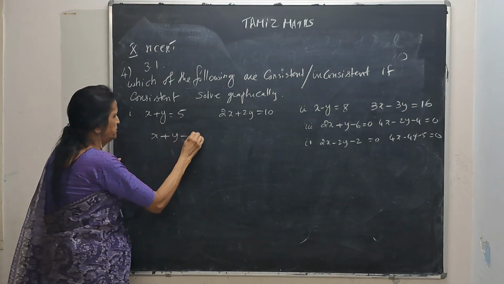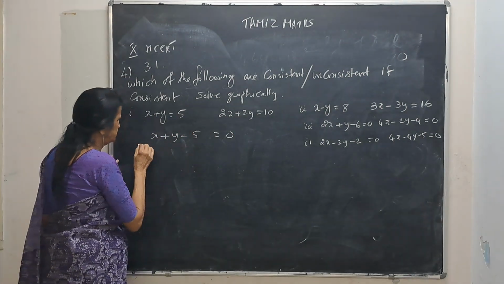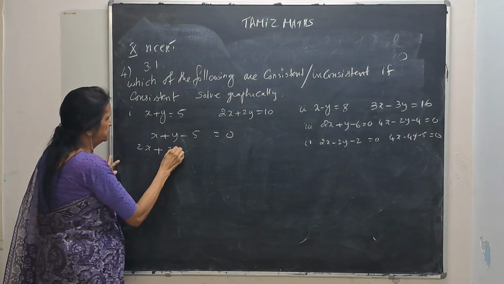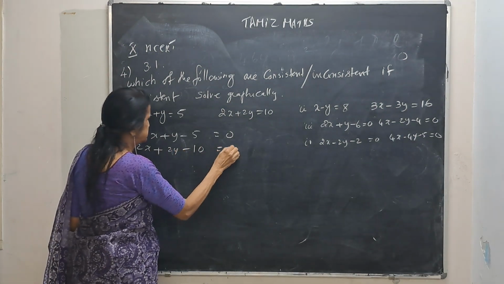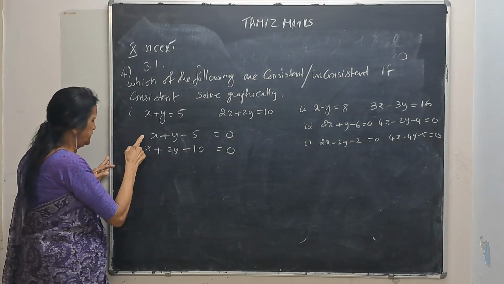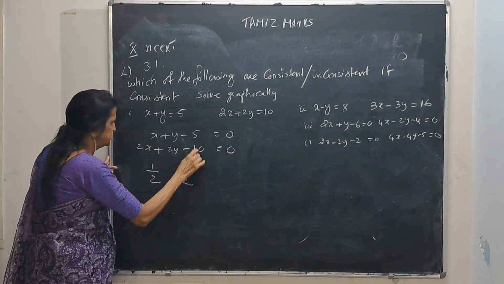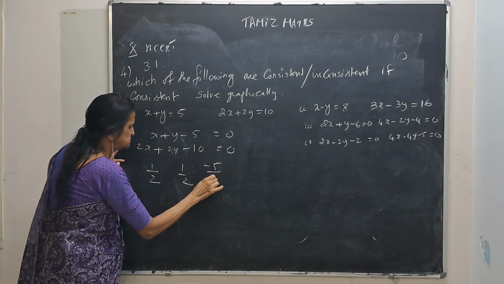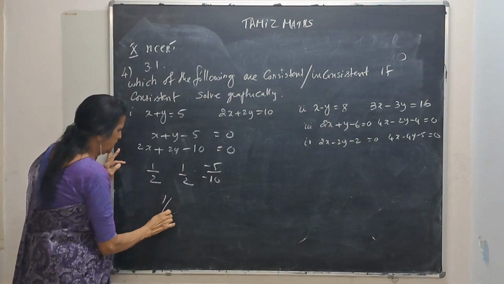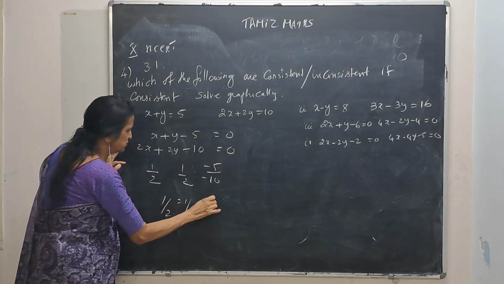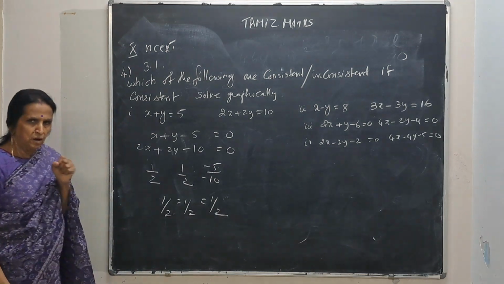x plus y minus 5 is 0, 2x plus 2y minus 10 is 0. a1 by a2, b1 by b2, c1 by c2. So this is half is equal to half is equal to half.